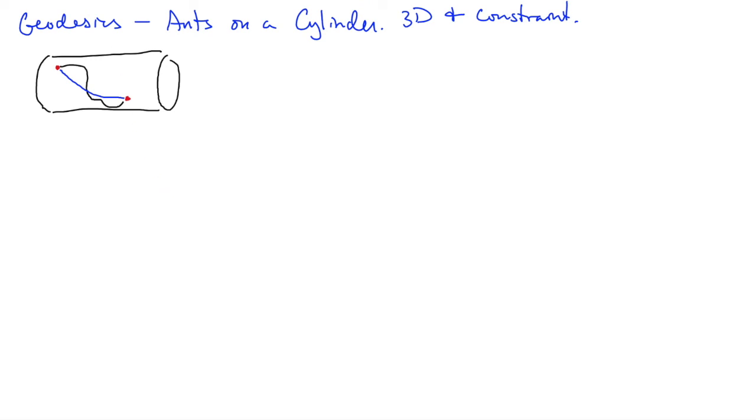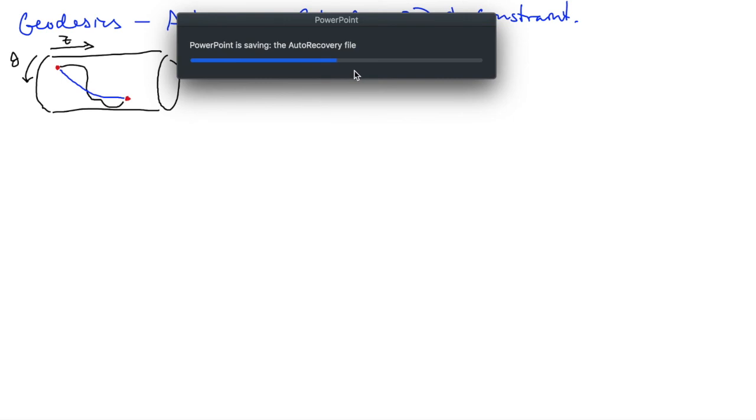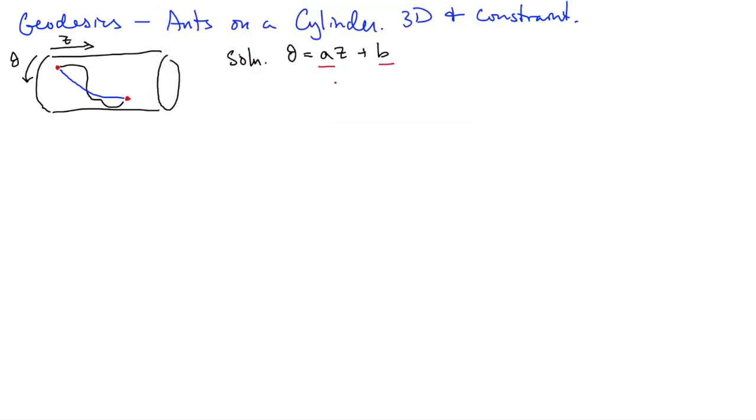Okay, so our solution previously, remember, was that theta, where theta goes around this way, was a function of z equal to some constant times z plus some other constant, where z describes the distance along the cylinder. Okay, and these a and b were constants of integration that are determined by the location of the endpoints of our geodesic.